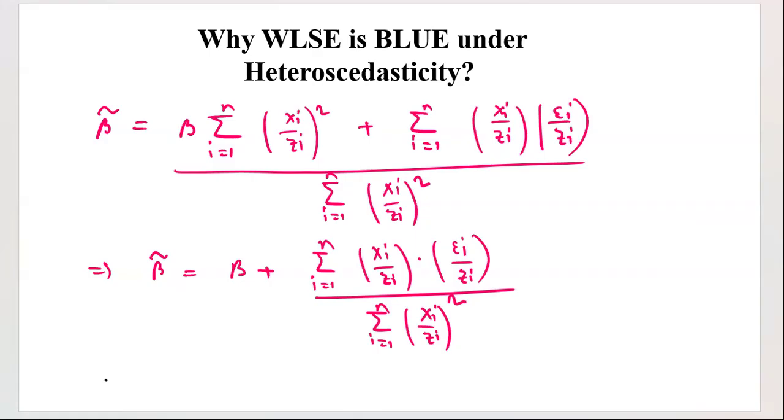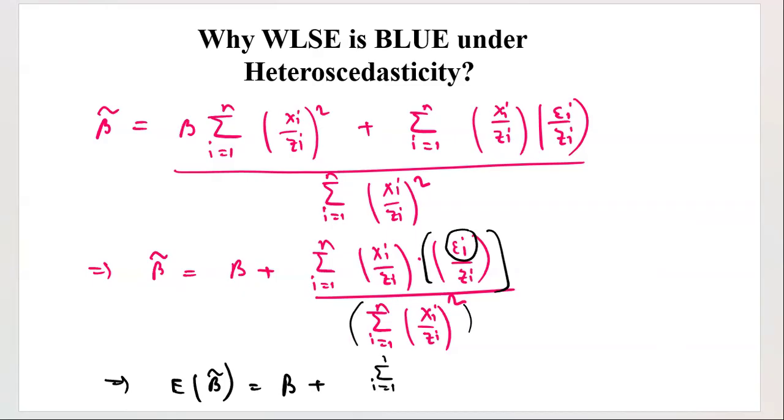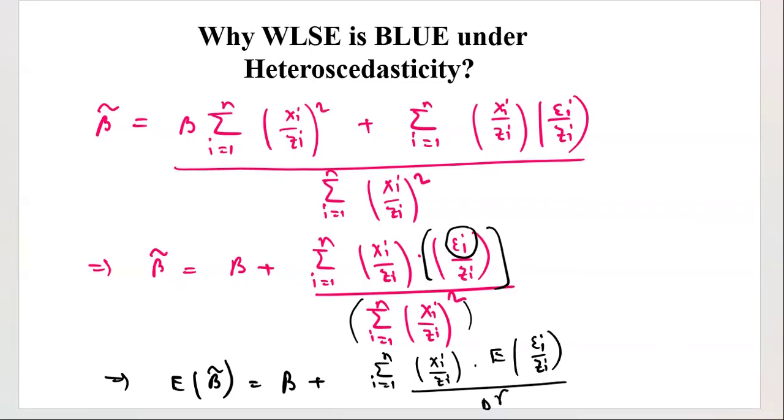Okay. Now if you apply expectation on both sides, this will be beta only, and here you see the expectation will be on this particular term, or this entire term. You can consider this because xi and zi both are known values, non-stochastic known values. So expectation will not be on this or on this. So you can write summation i from 1 to n xi upon zi into expectation of epsilon i upon zi, upon the denominator.